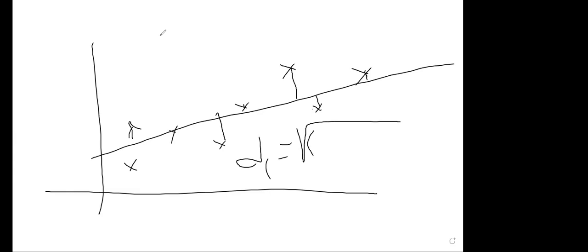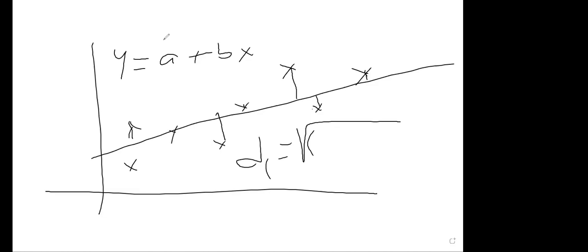The distance, if the line here is y equals ax plus b, we are going to use something like that. Let me write it this way. Y equals a plus bx is the equation in your book.